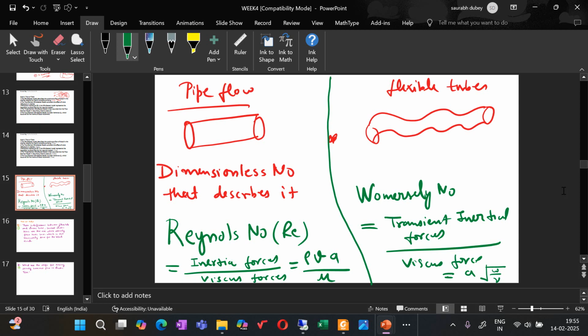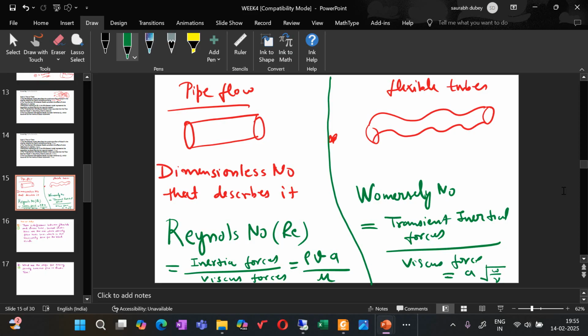And here, as you remember, you have considered this Fourier formulation for the time dependence of the velocity and the pressure gradient. Because of that, this omega term comes up, which takes care of the pulsatility.